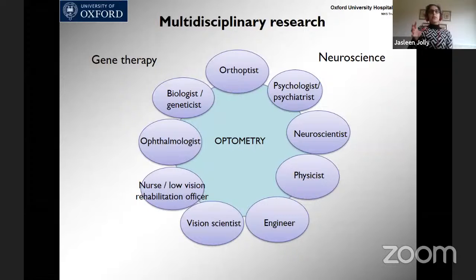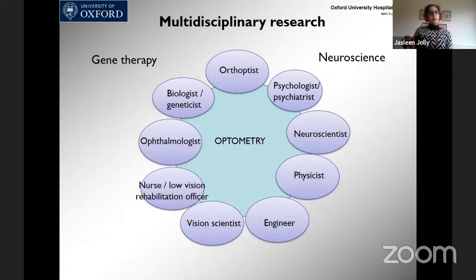So within the strands of my research, gene therapy, neuroscience, psychology, you can see that I've worked with a huge number of different professionals. And by working with them, they respect our abilities better. But also we can share expertise.